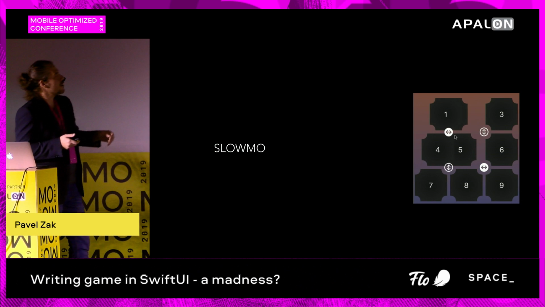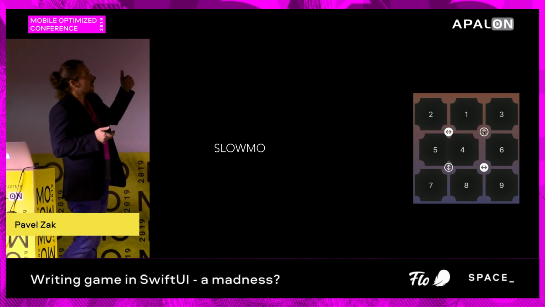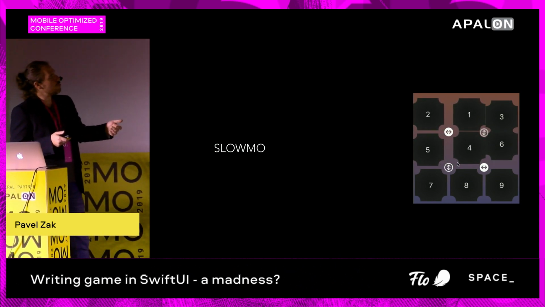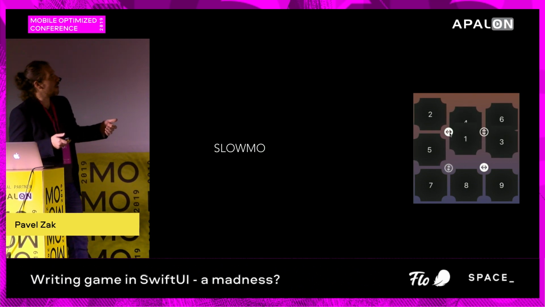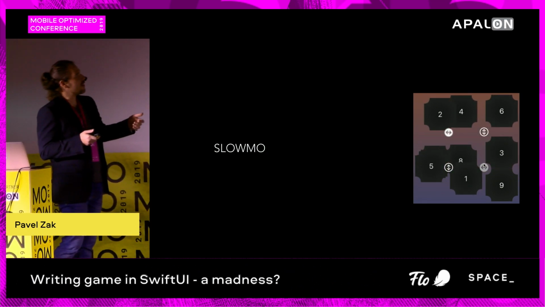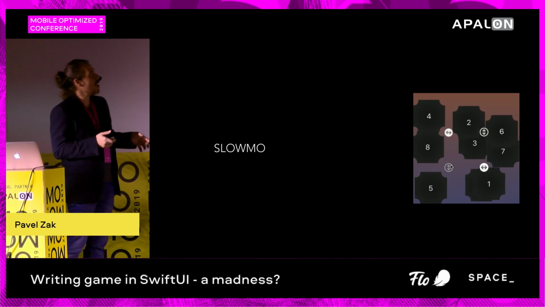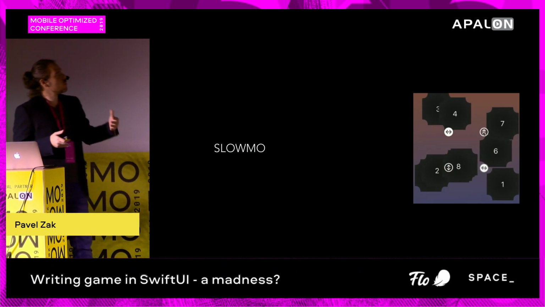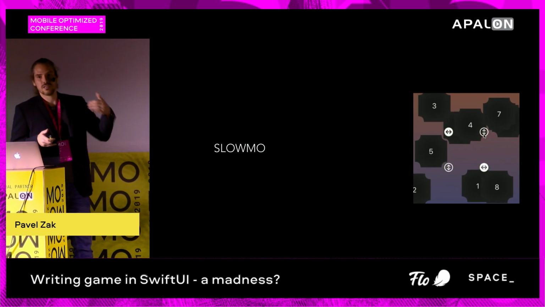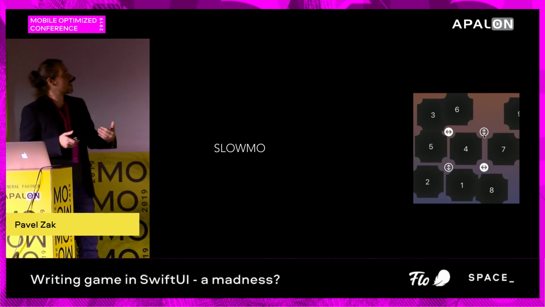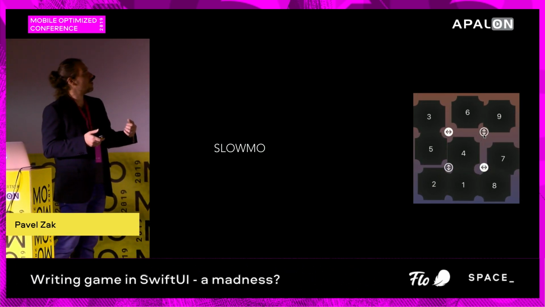Yes. So I start to press the buttons really quickly, and you will see that the tiles start to behave a little bit chaotic maybe, but they always animate into the position that reflects the current state of the game.